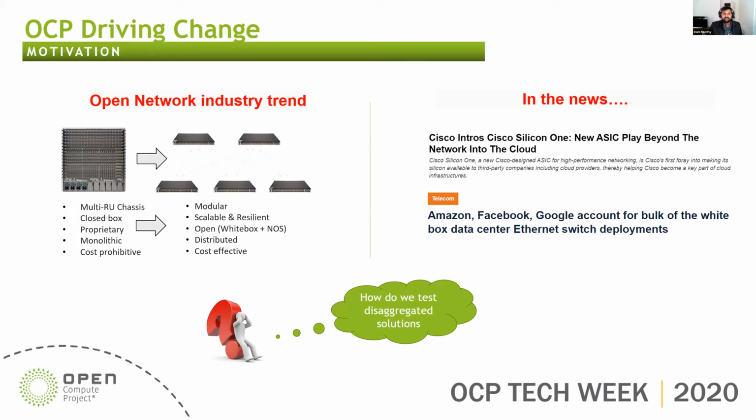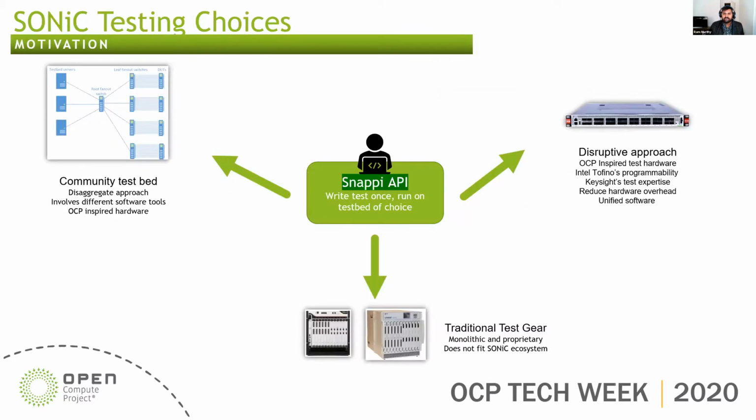And so the question for Keysight is, how can we best test these solutions, and what can we provide to the community to really accelerate this? We recognize that the SONiC community is already going through this process. The SONiC community has defined a community testbed to run these test cases, and that question is already being answered.